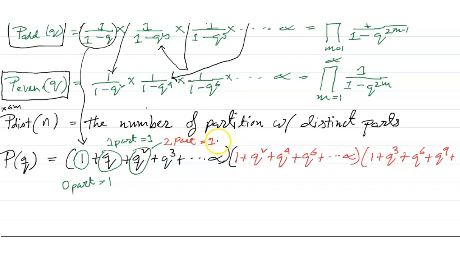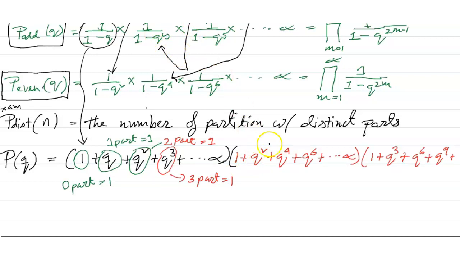So 1 partitions, and up to, this portion is 3 part, partition 1 for partition 1, and so on.